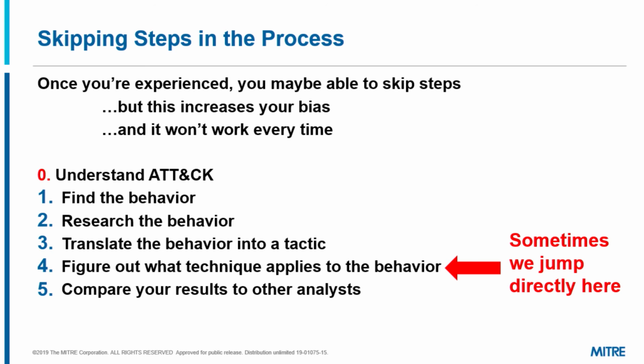Sometimes you can skip steps, but remember that increases your bias because you're more likely to identify those techniques you already know, and it's not going to work for you every time. Sometimes it works really well, like PowerShell or scheduled task, but if it's something that isn't an easy name, it's going to be tougher to find. So we recommend working through this process, even if sometimes you skip steps.